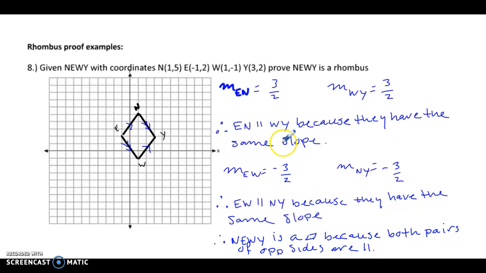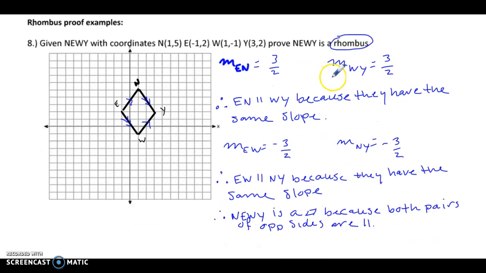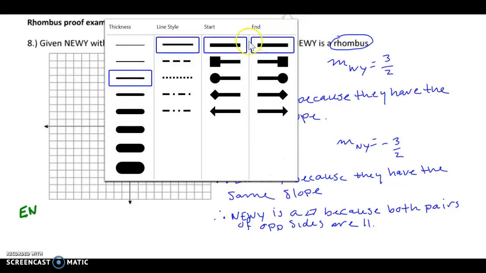All right, the next thing I need to do is actually get that it's a rhombus. So to get that it's a rhombus, I have to prove that one pair of consecutive sides is congruent. And so when I look at the consecutive sides, you can pick any two sides that share a vertex. So I'm going to do the length of EN and the length of NY.